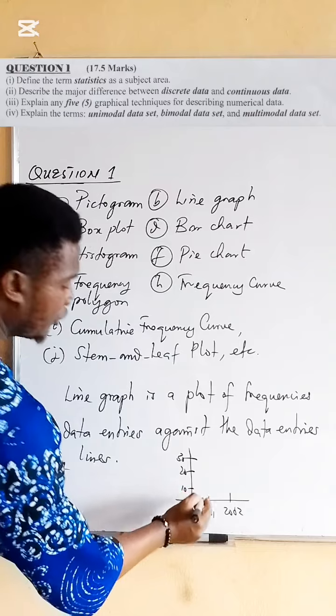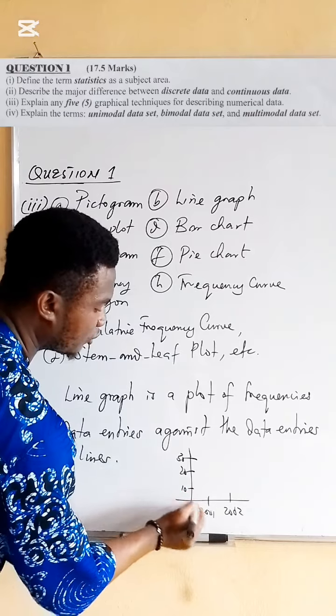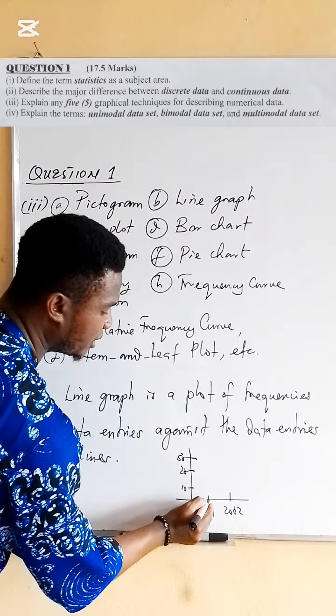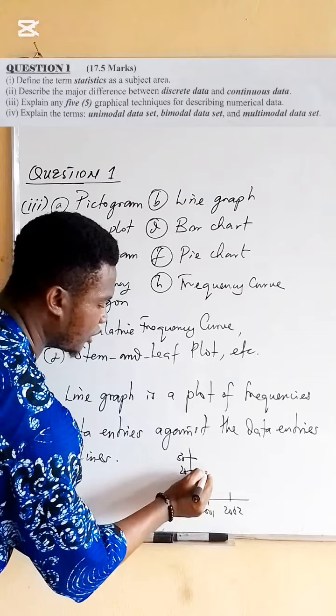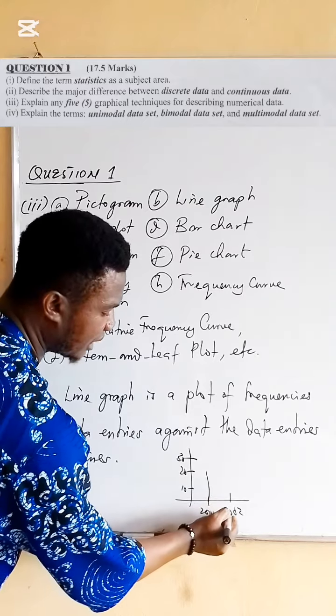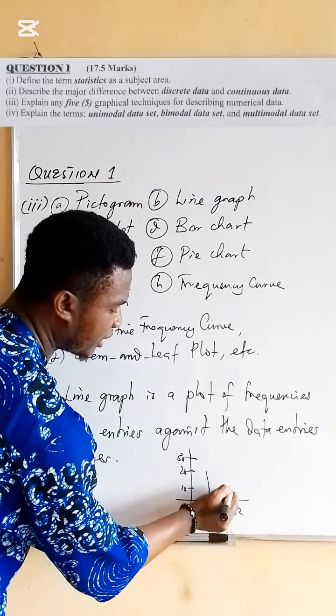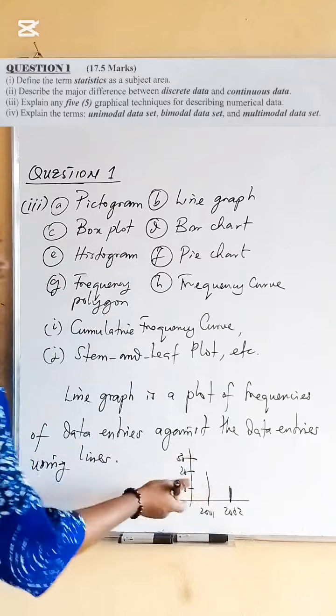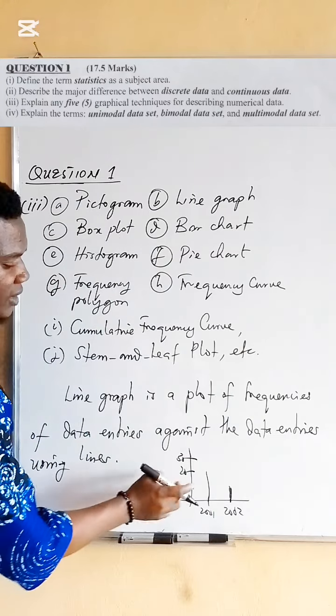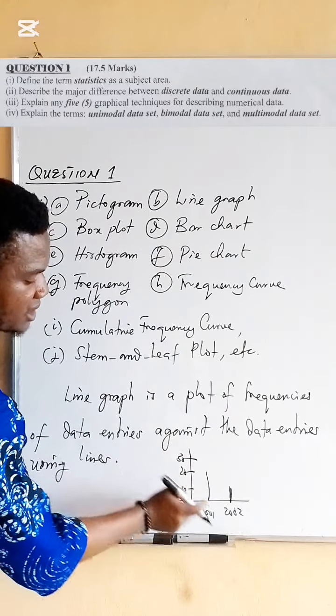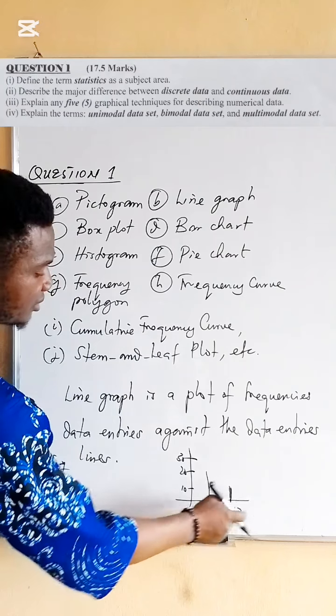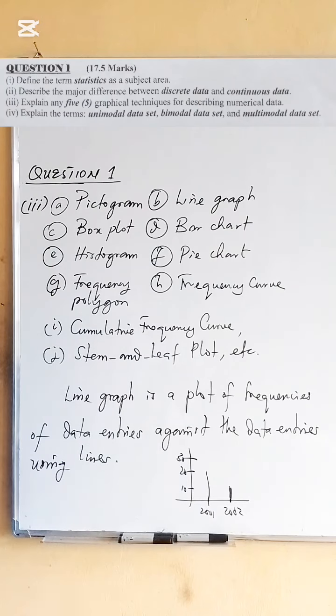You could have boys in 2001 to be 20, so I'm going to drag this up to 20 with a line. And in 2002, you could have boys up to 10, and I'll drag it up to this point. So when you use lines in a plot of frequencies against data entries or time, you end up with what we call a line graph.